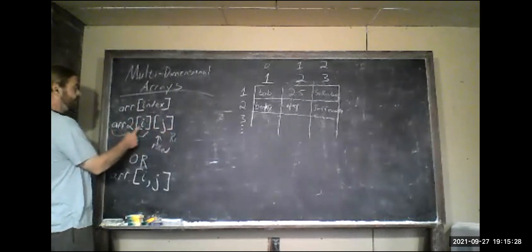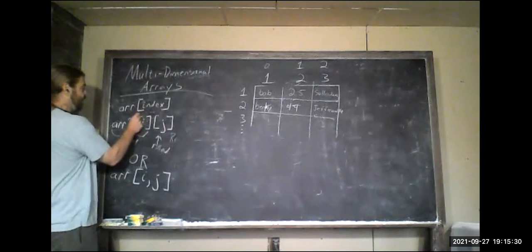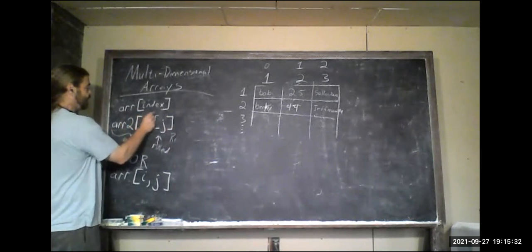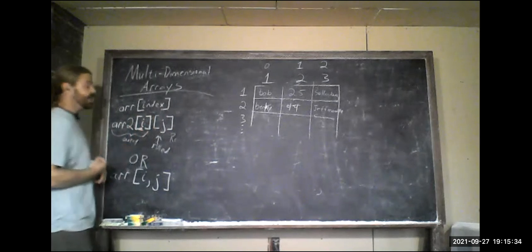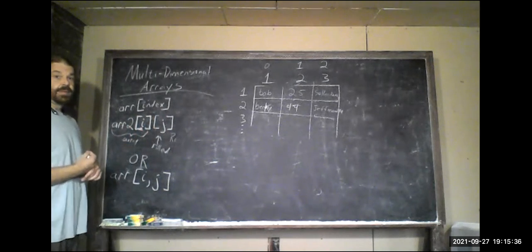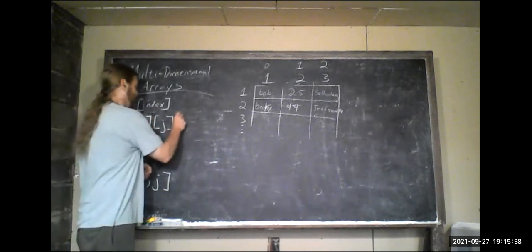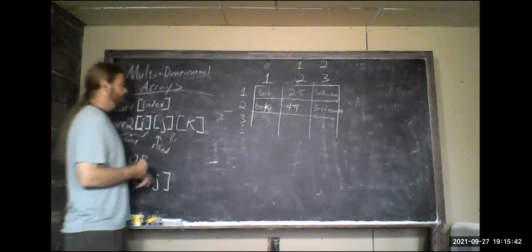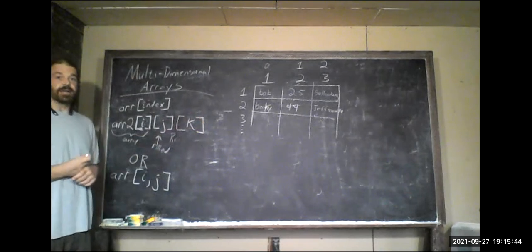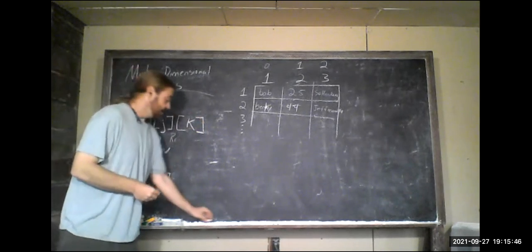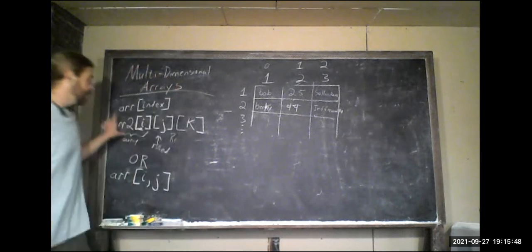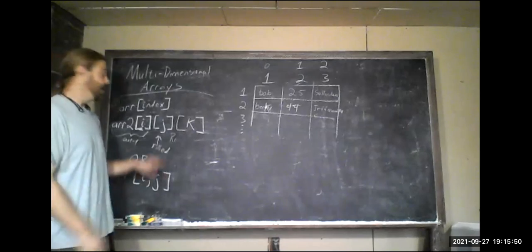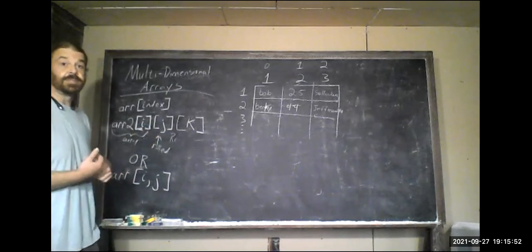ARR2, and then the first square brackets have an I in them, and the second square brackets have a J in them. And if we do a 3-dimensional array, we would add another set of square brackets with a K in them. So multiple ways of notating multi-dimension arrays. This is what we'll see in Python right afterwards.